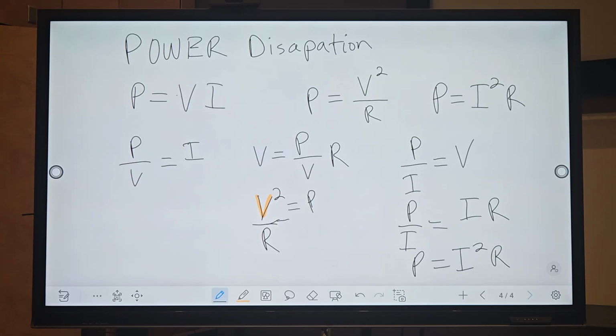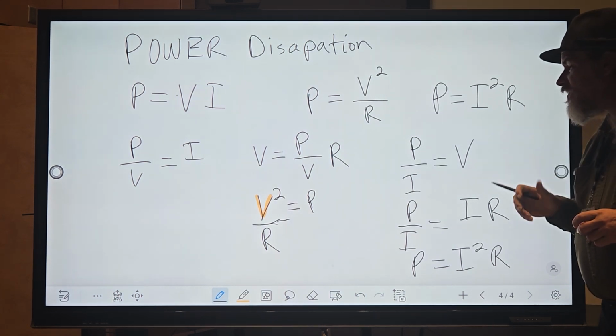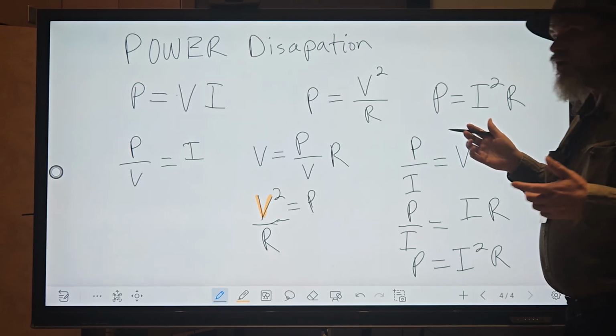And so if you have, say, 100 volts going through a 100 ohm resistor, the power would be, what would that be? 100 watts.